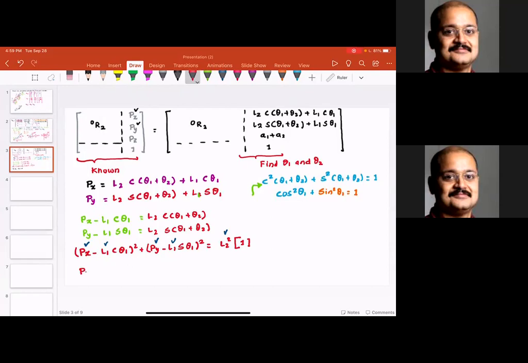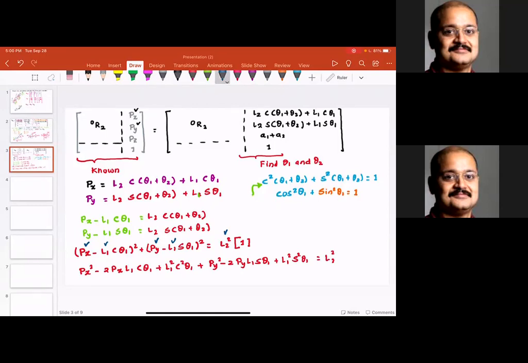So Px square minus 2 Px L1 cosine theta 1 plus L1 square cosine square theta 1 plus Py square minus 2 Py L1 sine theta 1 plus L1 square sine square theta 1 is equal to L2 square. Do you agree with me?